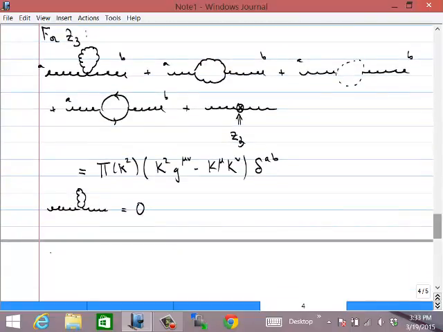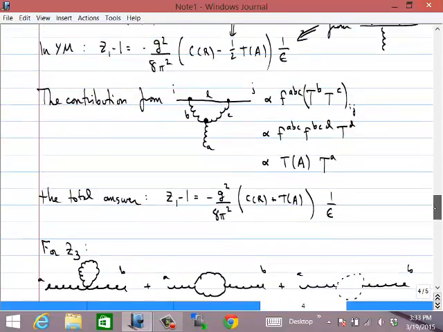So, for example, what does this term look like? Well, in fact, it's very similar to the calculation we did above. You'll get 2 powers of f, 1 power from this interaction vertex, 1 power from this interaction vertex. That'll be contracted together.